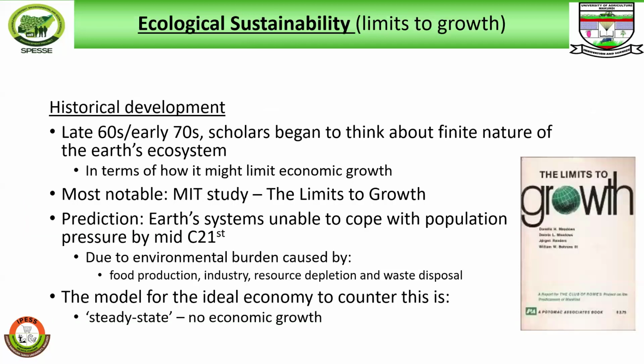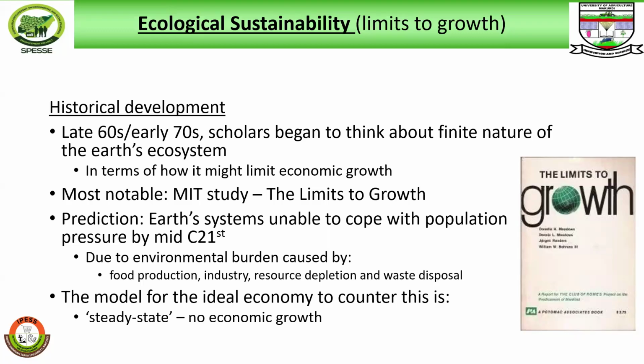Ecological sustainability and limits to growth. In terms of historical developments, in the late 60s and 70s, scholars began to think about the finite nature of the Earth's ecosystem in terms of how it might limit economic growth.